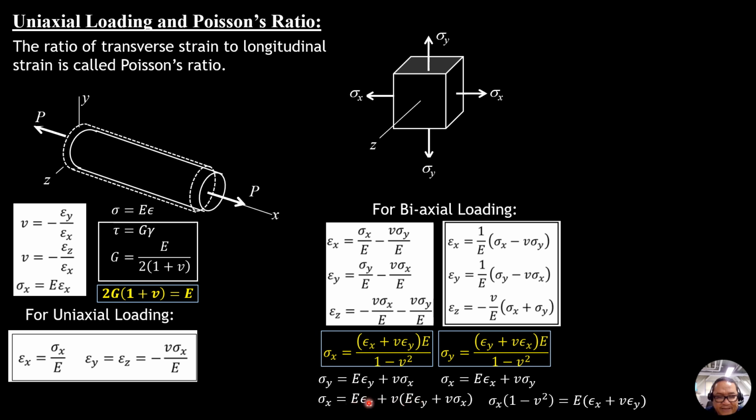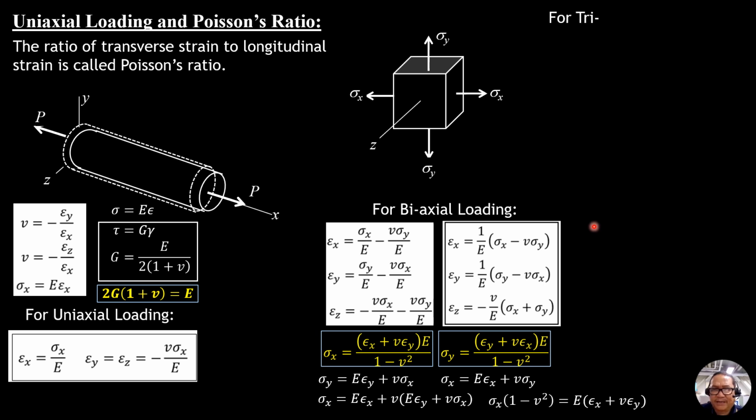Then we have strain x plus Poisson's ratio strain y. So sigma x is equal to E over 1 minus v squared times strain x plus Poisson's ratio strain y. Likewise, we pattern that result from here, and that's the result for sigma y also: strain y plus Poisson's ratio strain x times E over 1 minus Poisson's ratio squared.